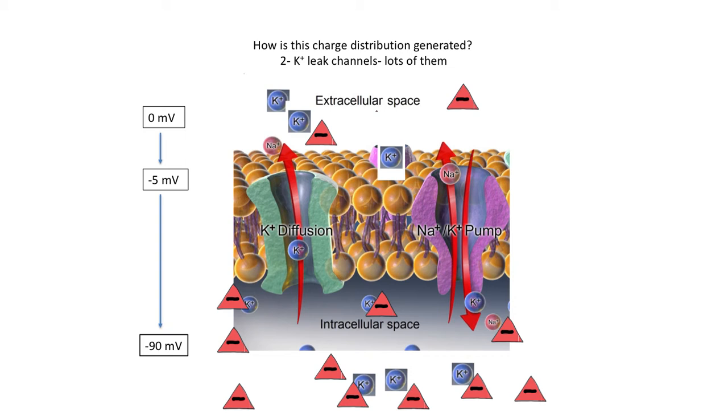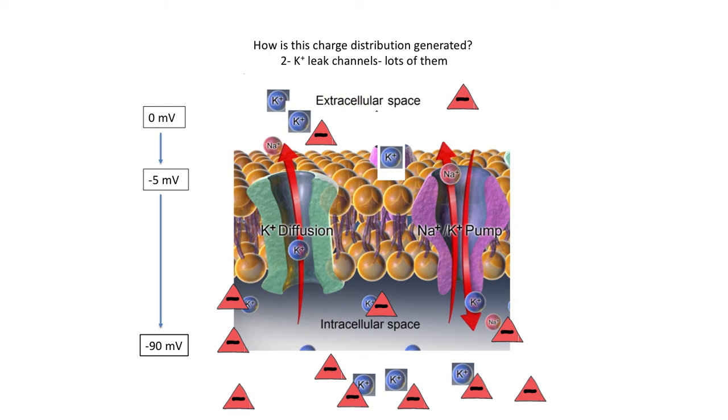Okay, and now you can see that we have these negative charges that are sitting here without a partner. So therefore you're going to have an accumulation of negative charges on this side of the membrane, and that's why the inside of the membrane becomes more negatively charged.